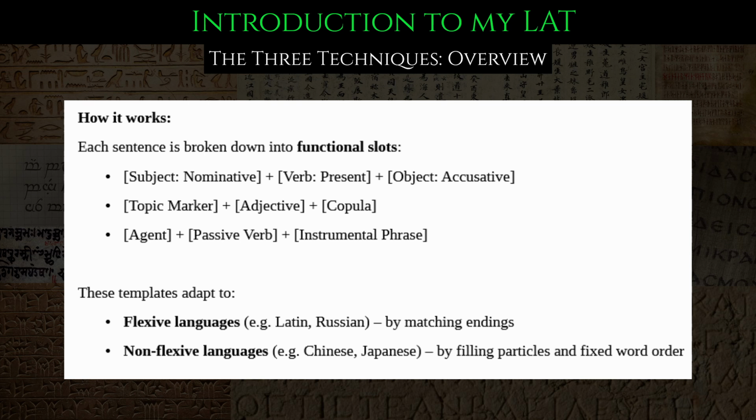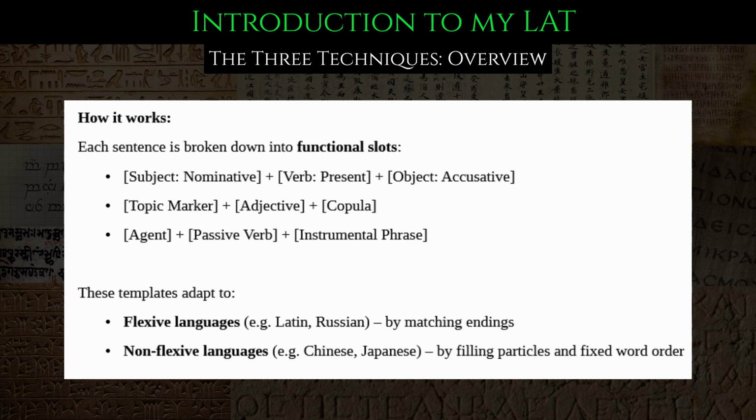So, these templates adapt to flexive languages, like for example Latin, Attic Greek, Russian, simply by matching endings. If you have read my Latin paper, where I break down how Latin verbs are built, you know exactly what I'm talking about.